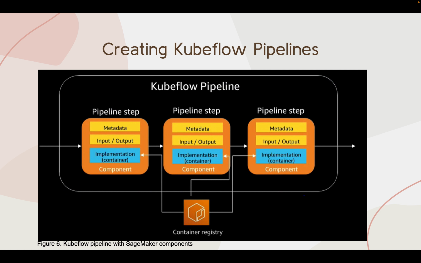Going back to the Kubeflow pipeline overview, we can see the process is very modular. The key thing I want to mention here is to focus on the input and output. Every step consumes something from the previous step and produces something for the next step to consume.